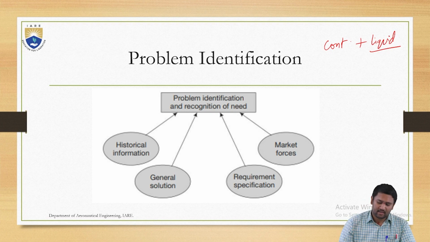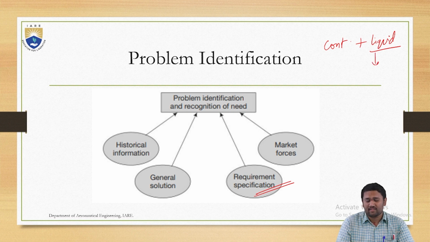For that, your next step is nothing but the required specification. In our case, if we are designing for a particular volume of liquid, let's say 1 liter, that will be a specification for the liquid. If instead of 1 liter you are going for 1.5, that will be another specification that you are giving.